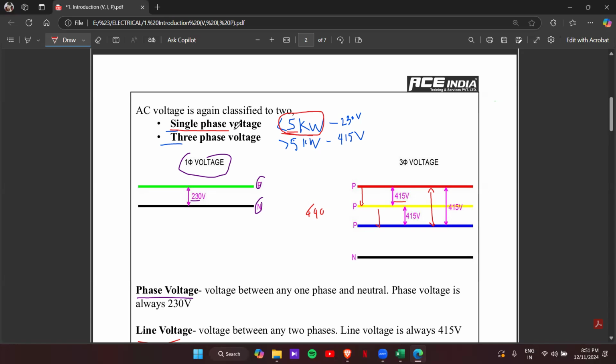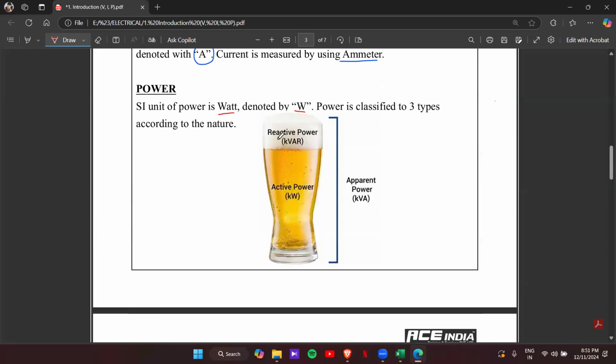So the 3 kilowatt is your active power or true power. And the third one is reactive power. Reactive power is considered as loss. Like every transmission loss, that power also will have some amount of loss. That loss is considered as the reactive power.